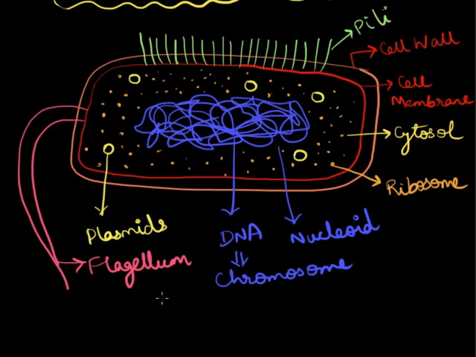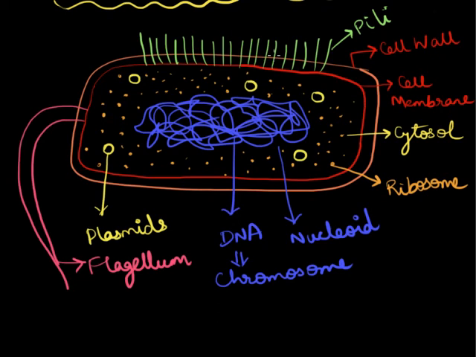The flagellum is found generally on one side of the bacterial cell or two sides. It's not so numerous as the pili, which completely surround the cell. The flagellum helps in the locomotion. So bacterial movement is helped through this flagellum. And again, this is not found on all bacteria. It is found only on certain bacteria, and the same is the case with the pili.